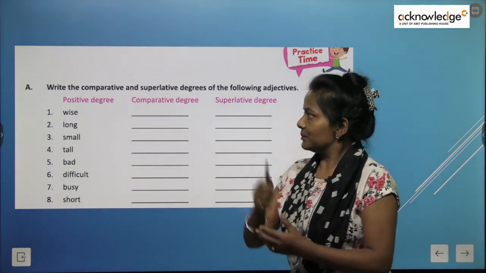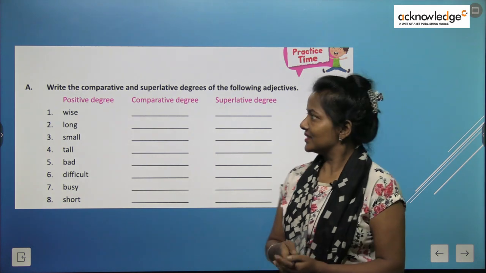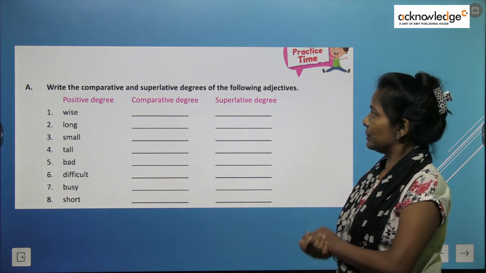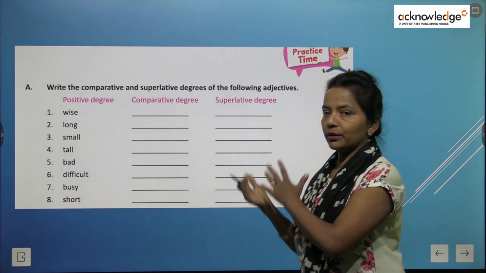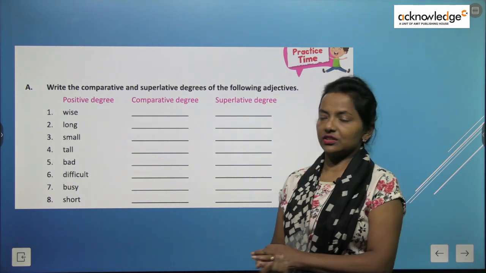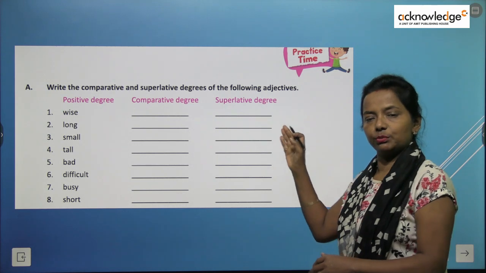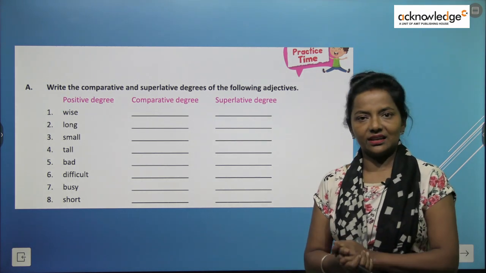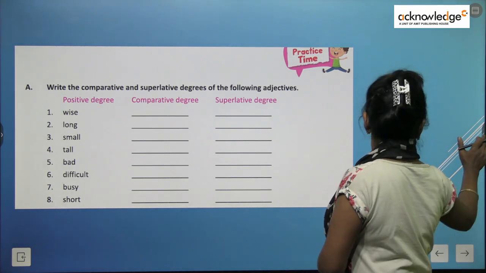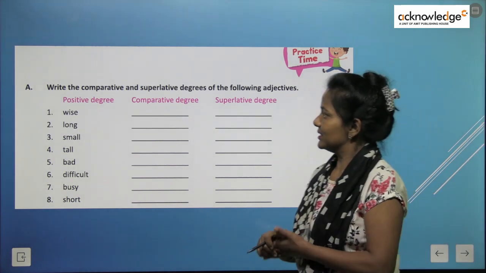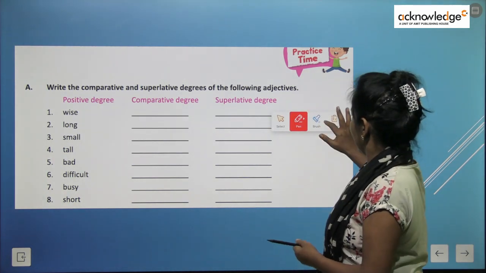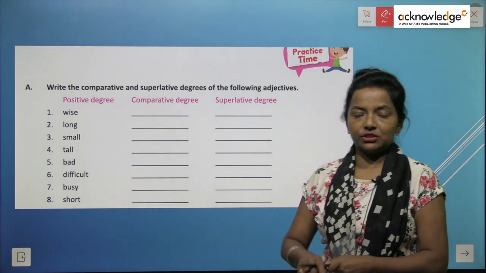Now we come to the exercise. Write the comparative and superlative degrees of the following adjectives. Some adjectives are given here. We have to write the comparative degree and the superlative degrees of these adjectives. So children, let's start with this exercise, whatever we have read in the chapter today.